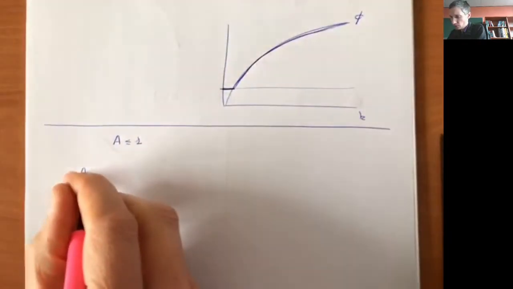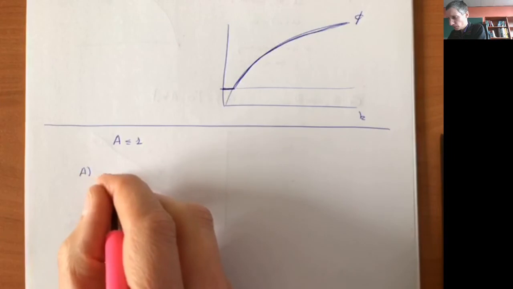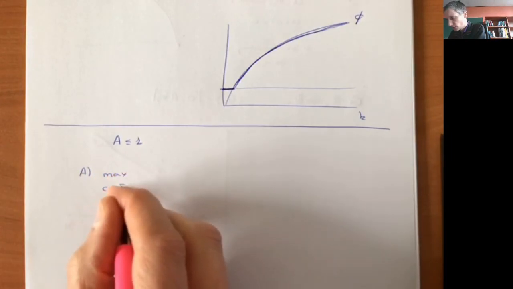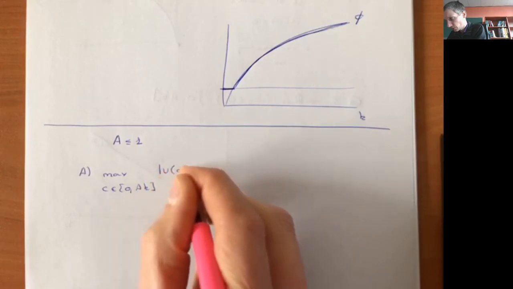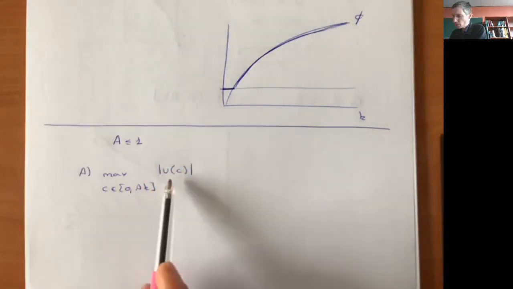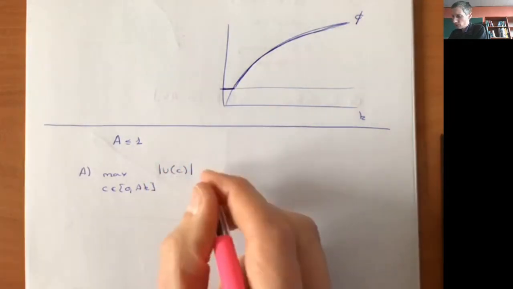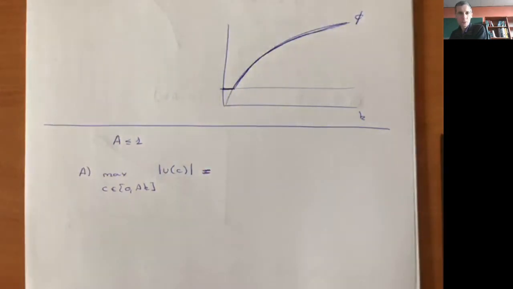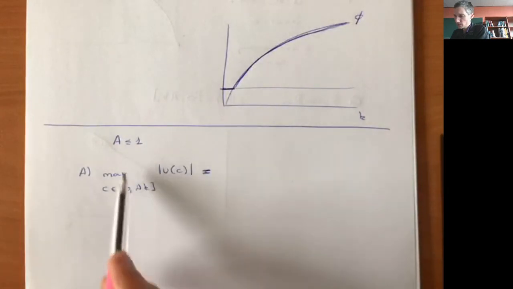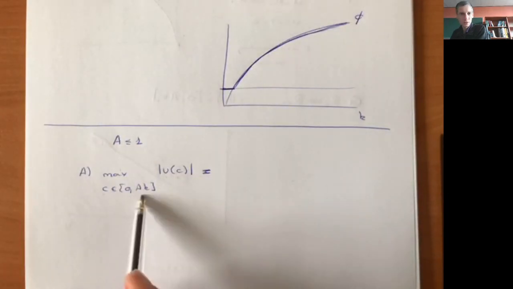So let's go to condition A. So max of c in 0 to ak of the absolute value of u(c). The absolute value doesn't matter because u is non-negative. And u is increasing as we assumed, so the maximum will be reached when c is as high as possible.